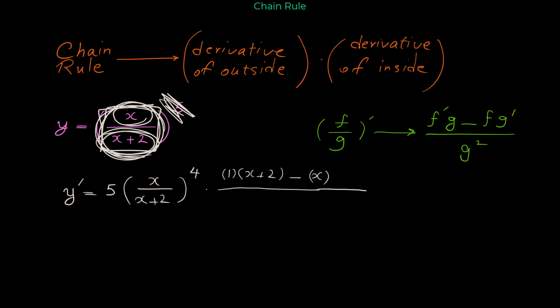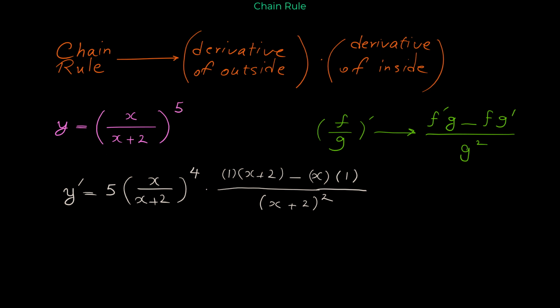What is the derivative of x plus 2? It is 1, because the derivative of x is 1 and the derivative of 2 is 0. All over the denominator to the 2. And this is the derivative of this function.